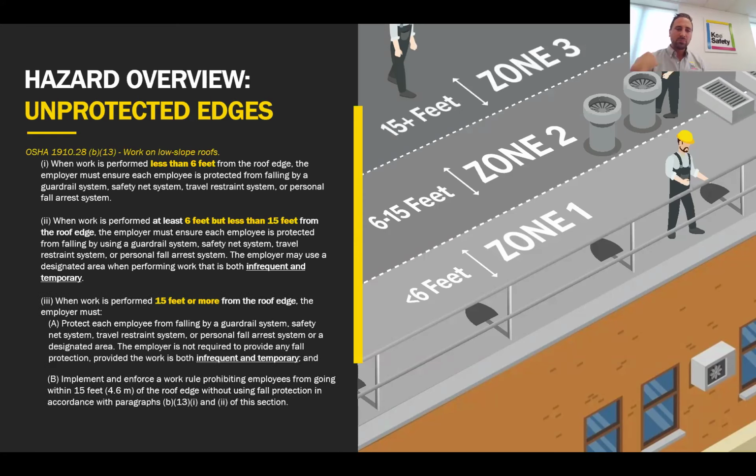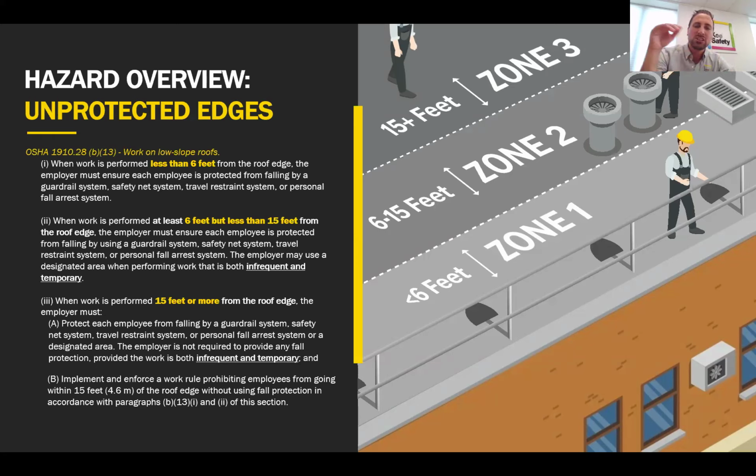Then zone 3, any work that's 15 feet or more from the edge. So now we're almost 3+ body lengths away, right? So if I do a slip, trip, and fall, my body is not going to be anywhere near the edge. I'm feeling pretty confident at this distance from the edge.